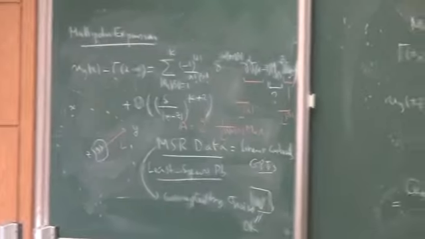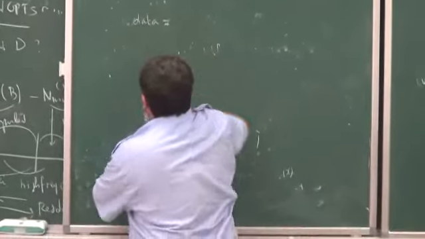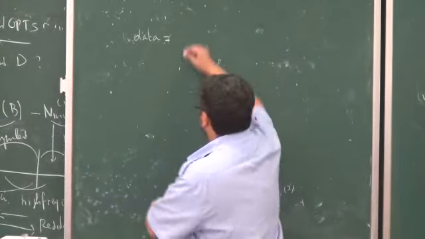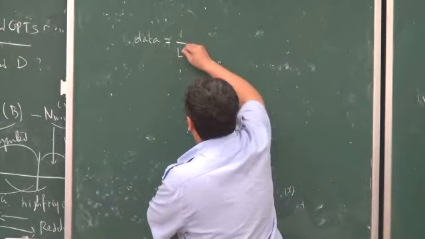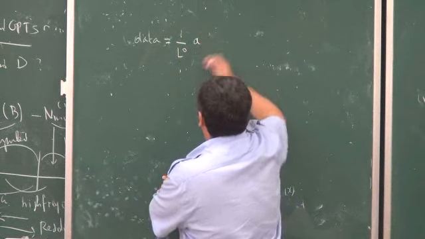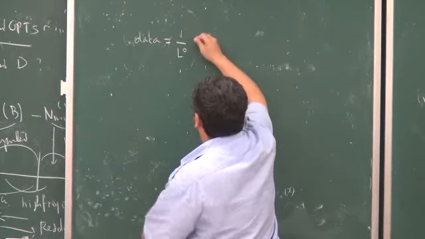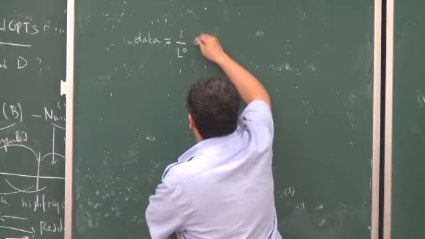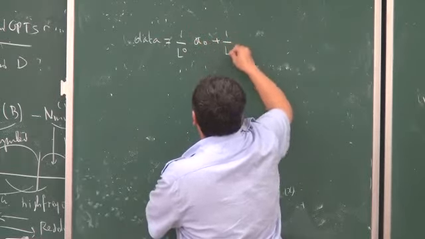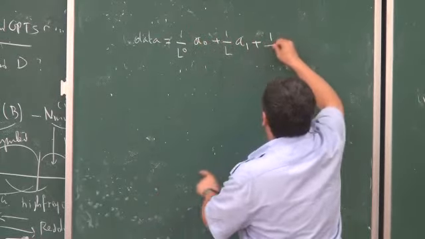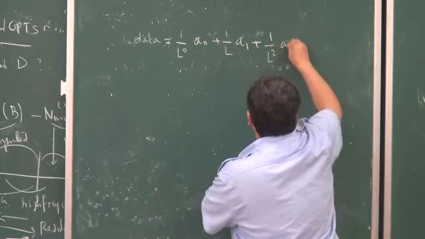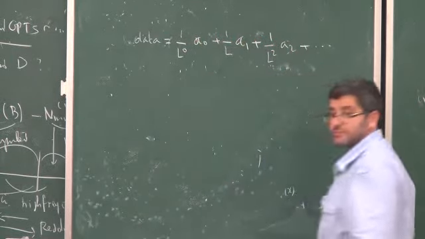I have data equal to something of order L to the zero, call it A0, plus 1 over L A1 plus 1 over L squared A2 plus and so on.